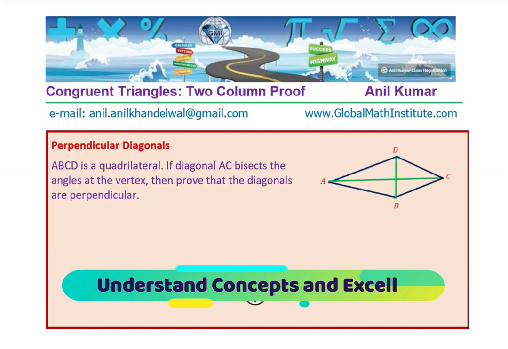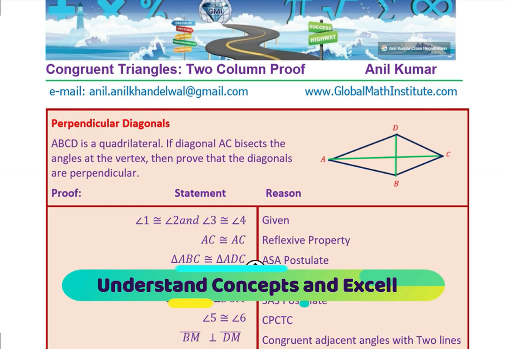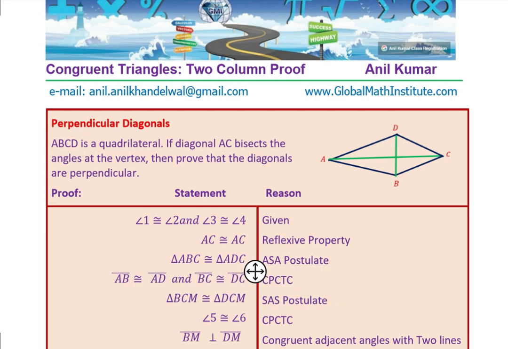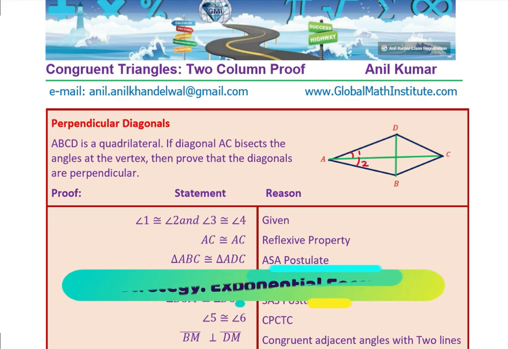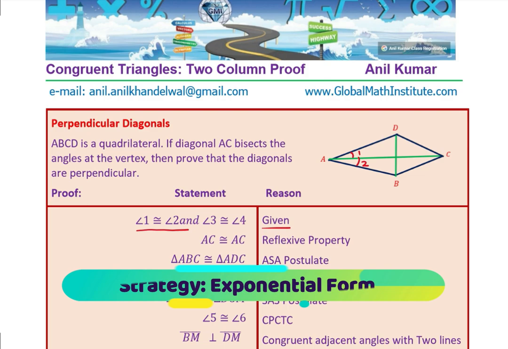Perfect. So now, since we understand the solution, let us see how we really write this solution, correct? We are given that these two angles, angle 1 and angle 2, are congruent. That is given to us. And we are also given that angle 3 and angle 4 are congruent.